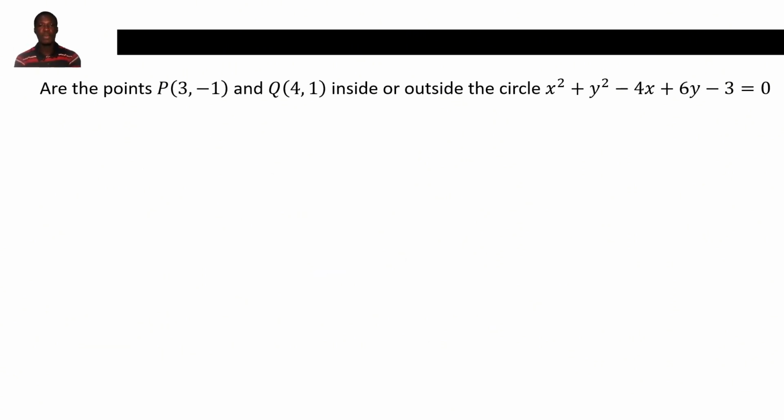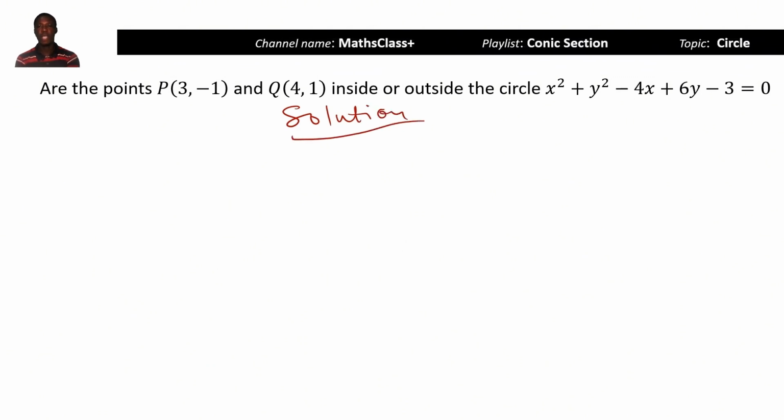The second approach we are using to solve the same question, we are going to remember that once a point is on a circle, it satisfies the equation. So we have our circle, x squared plus y squared minus 4x plus 6y minus 3 equal to 0.